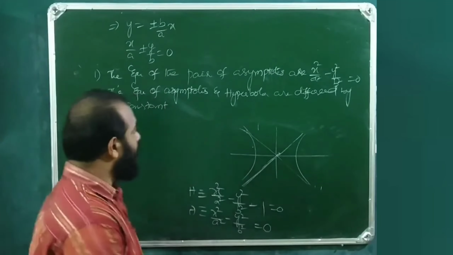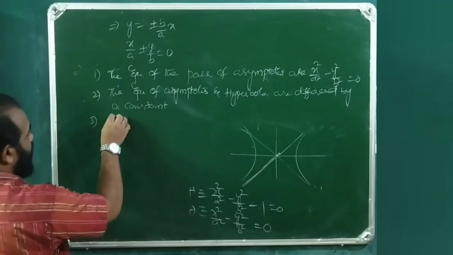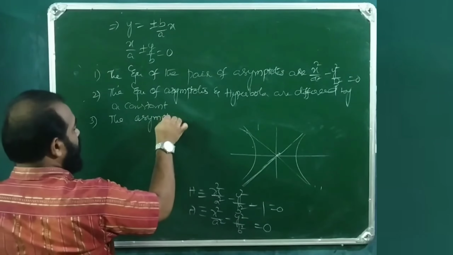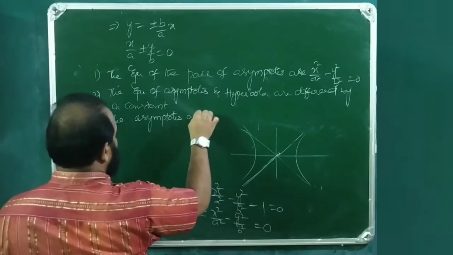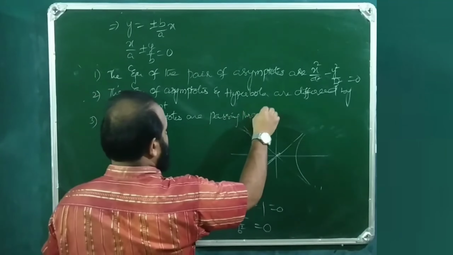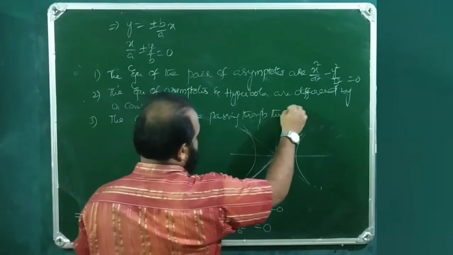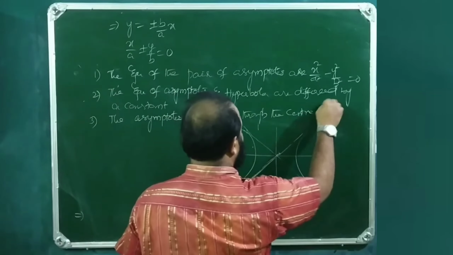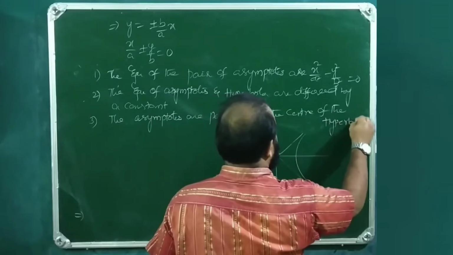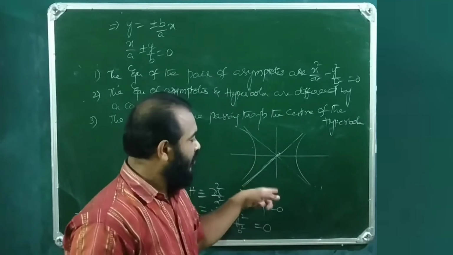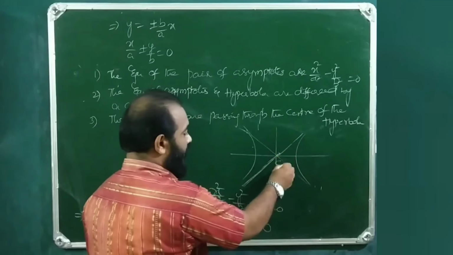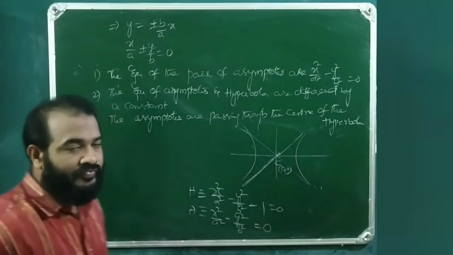The third one: the asymptotes pass through the center of the hyperbola, the origin 0, 0.